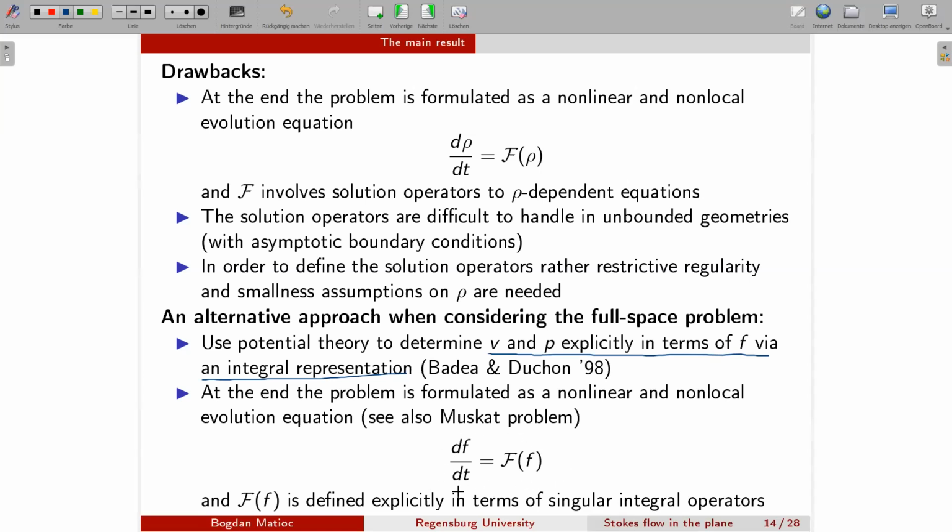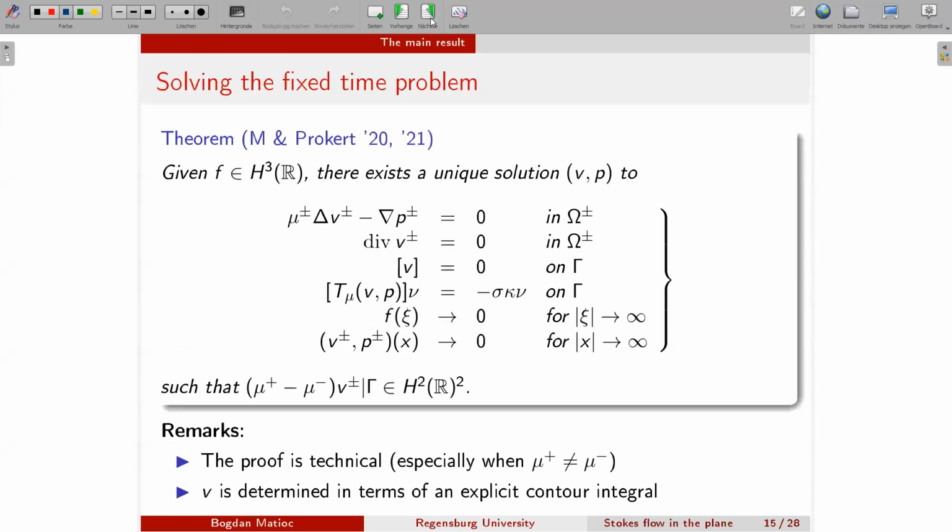And I will show in a minute how one comes to this equation. But this operator on the right is defined explicitly in terms of singular integral operators, and it requires less regularity and no smallness assumption on f.